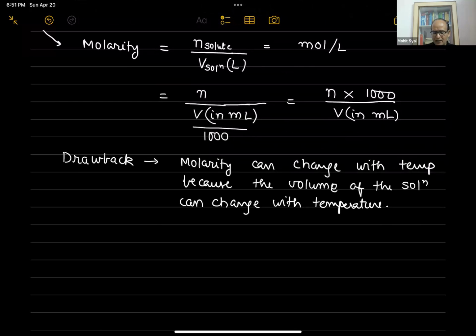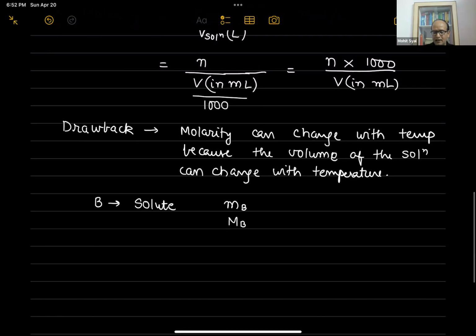Suppose I write the formula in more detail, but you need to remember that you put the moles in the numerator and the volume of the solution in liters in the denominator. If B is the solute, the mass of the solute is WB, and the molar mass of the solute is capital M. And A is the solvent.